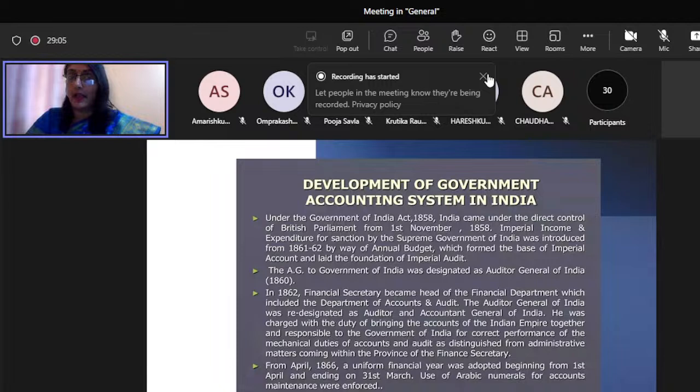Though we are allowed to follow the calendar year, since the taxation rule follows April to March, it is always convenient to follow this accounting year, that is, 1st April to 31st March of the next year.